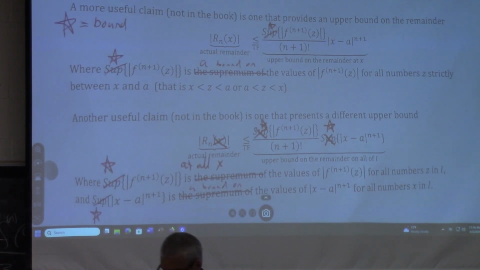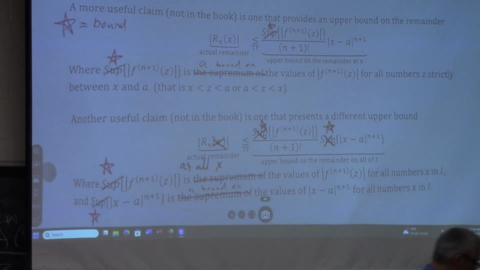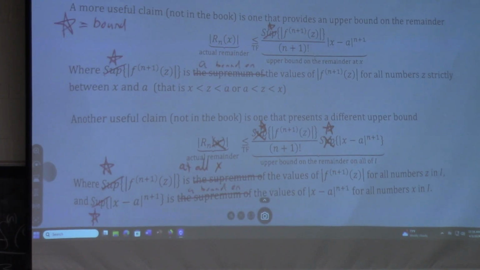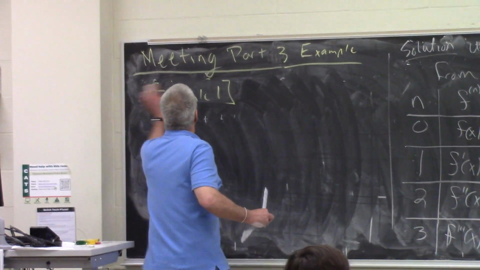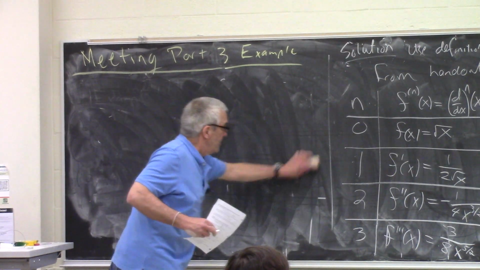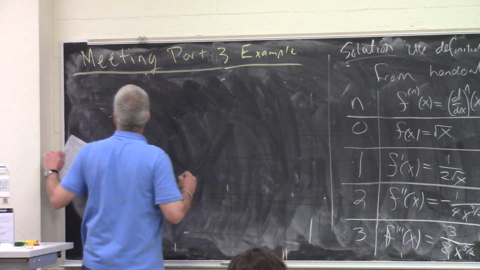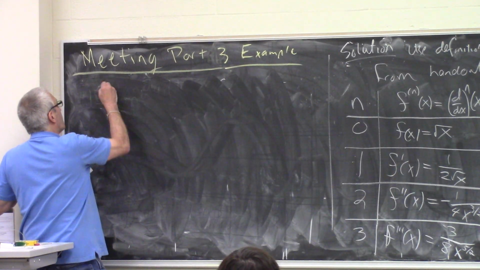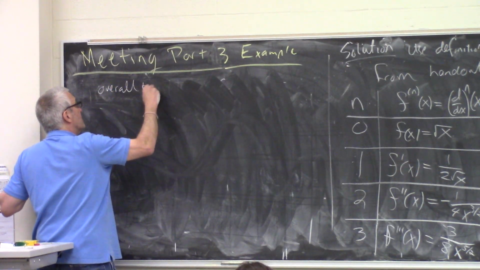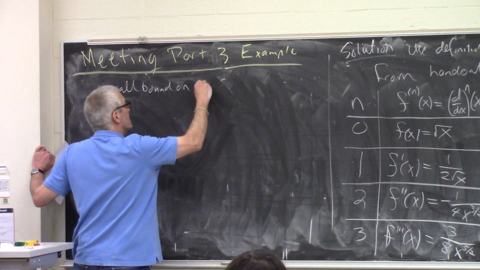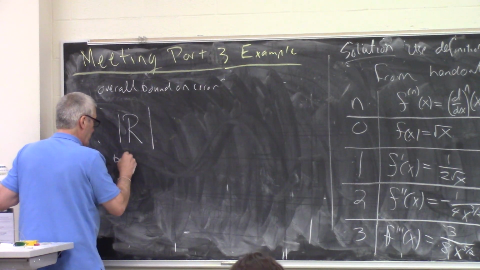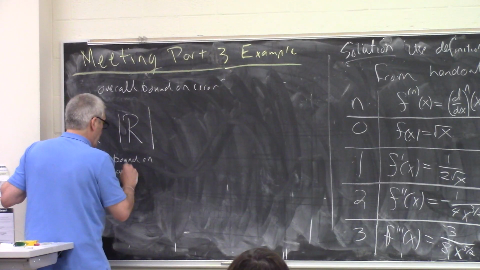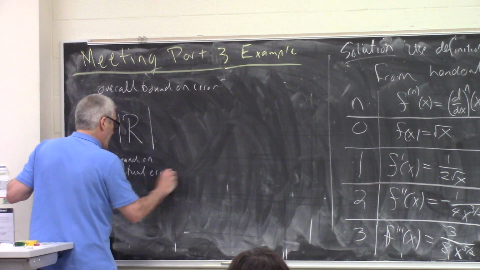So the bound on the error anywhere on the interval, the overall bound, I'm just going to denote that by r.